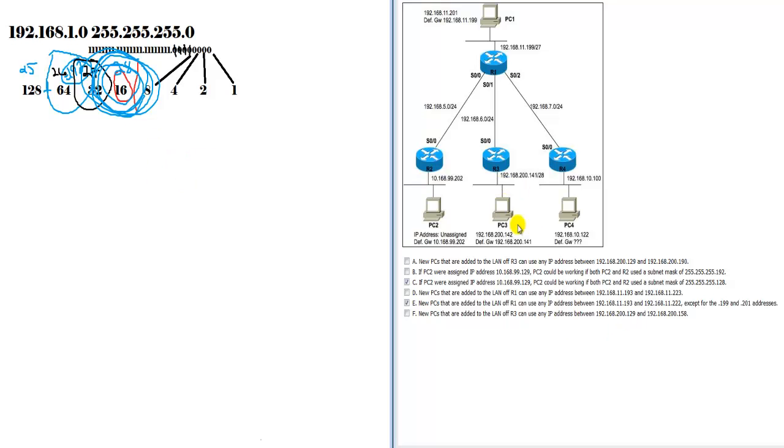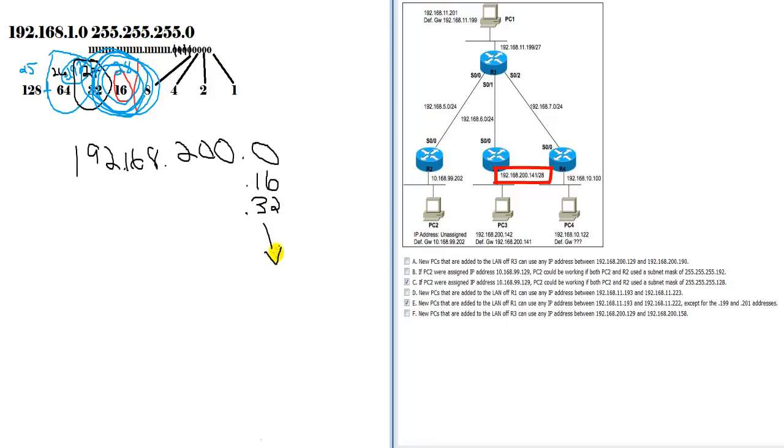So our network goes up by 16. So again, we go 192.168, and they got 200.0, and it goes 16, 32, all the way down to, what do they want to use? 129 to 158.